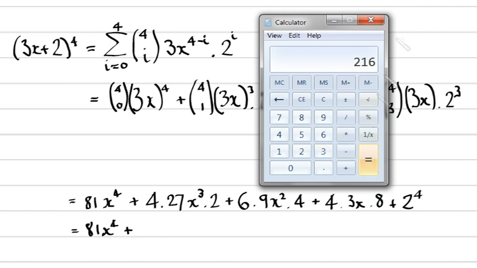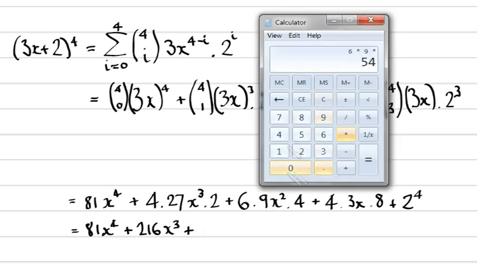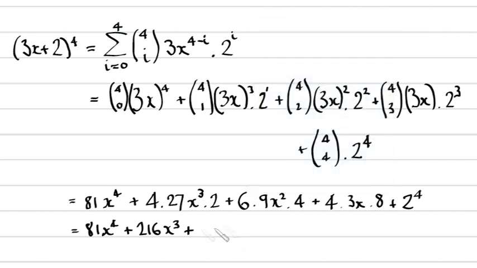You get 81x to the 4th plus 216 times x cubed plus 216 times x squared plus 96x plus 16. And that is the expansion of 3x plus 2, all raised to the power 4.